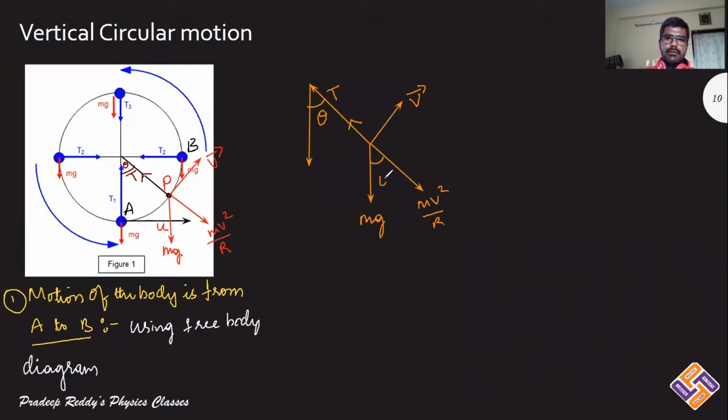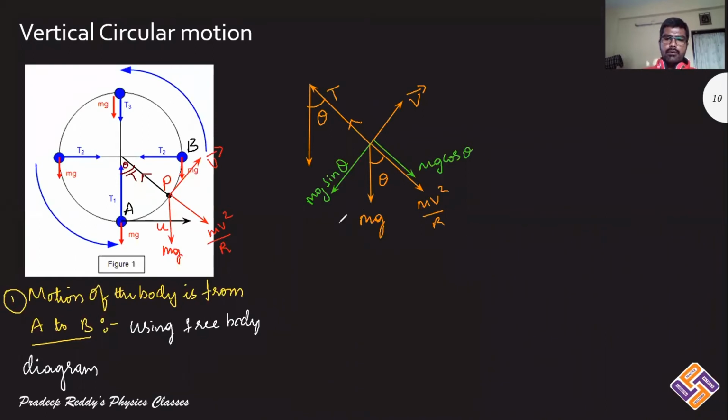Obviously, this angle will also be equal to theta. Now I can resolve this mg into components. One component I can take in this direction, and the other component in this direction. The component in this direction, you can write as mg cos theta, and the component here can be written as mg sin theta.